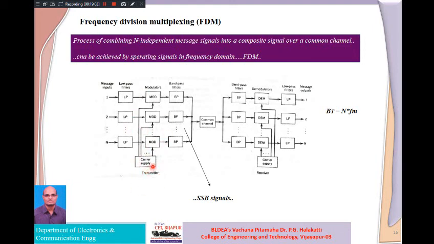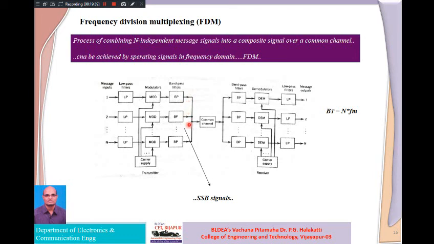Now each modulated signal, assume that we will be getting a DSB signal, is passed through the band pass filter. Each band pass filter is going to select only one sideband, so the output of each band pass filter will be a single sideband signal, SSB. Each SSB signal now has its own frequency band allocation.